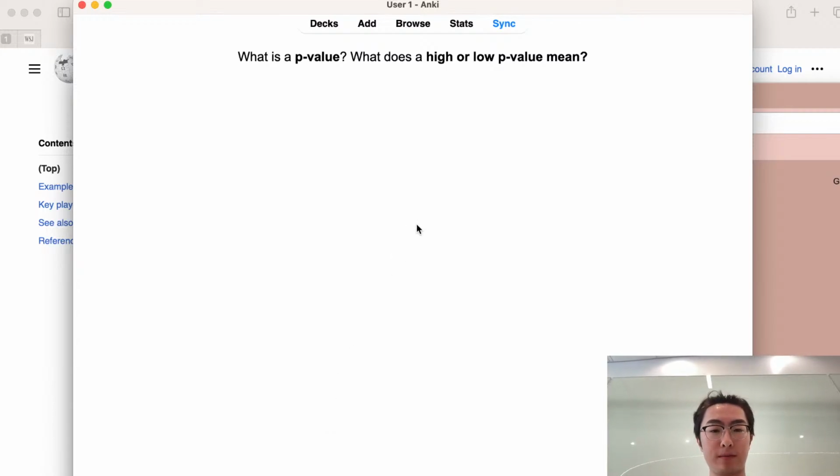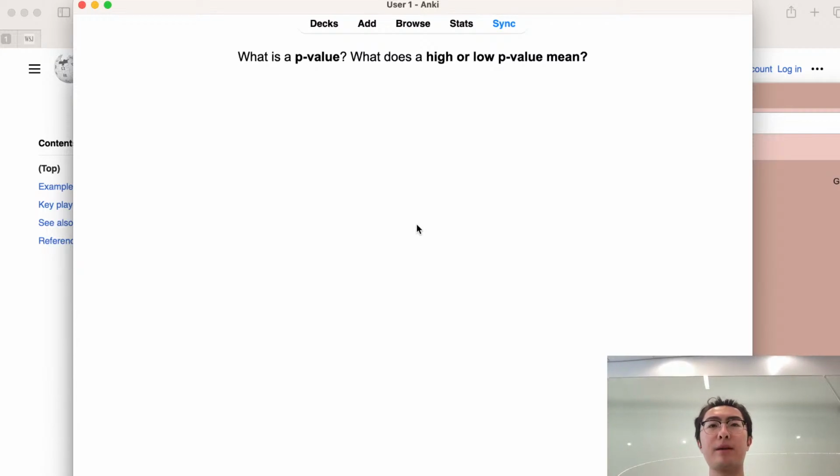What is p-value? What is a high or low p-value mean? Okay, p-value is a kind of acronym for probability value. P-value really is a measurement of the probability that your alternative hypothesis happens, assuming or given that the null hypothesis is true.